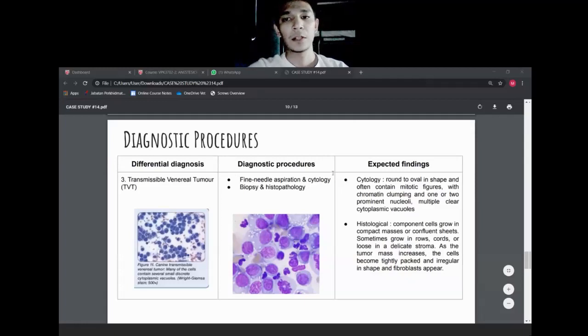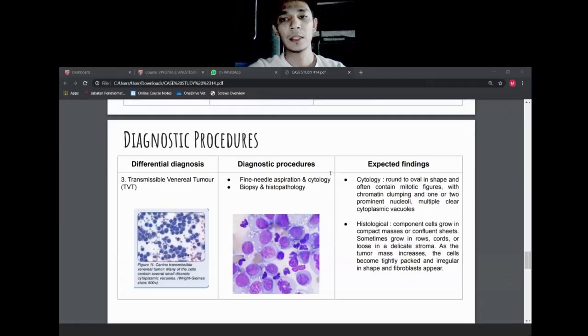For the cytology, the expected findings are TVT cells that are round or oval in shape and often contain mitotic figures with chromatin clumping and one or two prominent nucleoli with multiple clear cytoplasmic vacuolation.